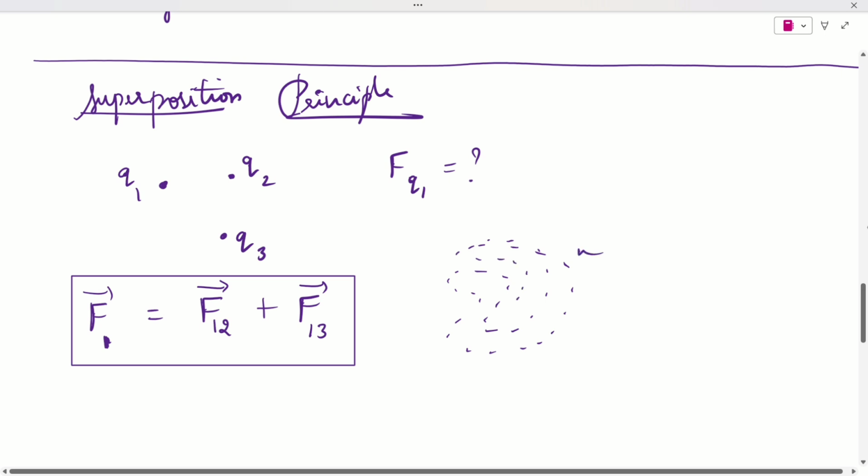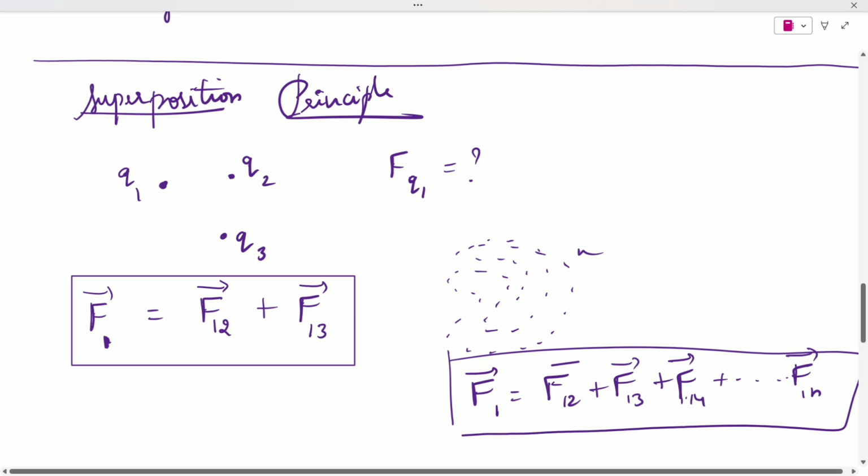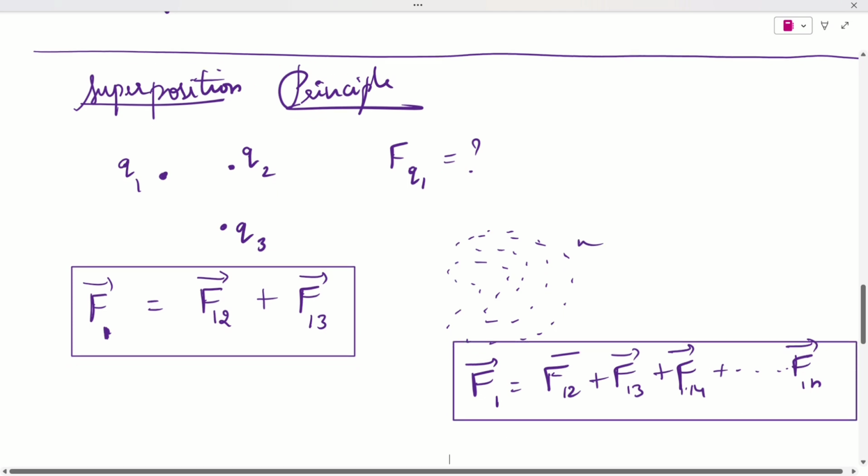Then my force acting on charge 1 is going to be F12 plus F13 plus F14 and so on till F1n. So this is my superposition principle.